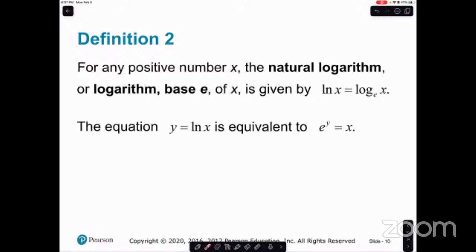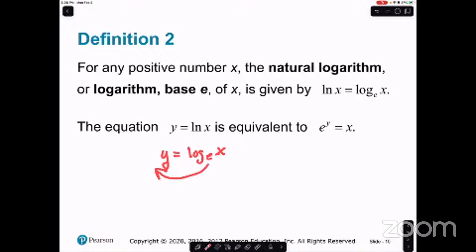So if we have y equals the natural log of x, which is the same as y equals log base e of x, we talked about how to convert from log form to exponential form: the base of the log swings over and becomes the base of the exponent, and that's how we get e to the power of y equals x.